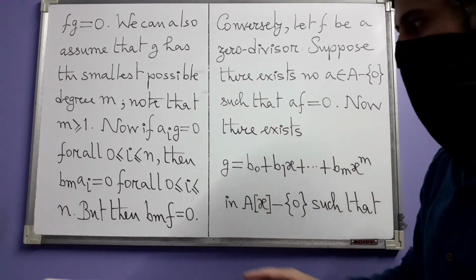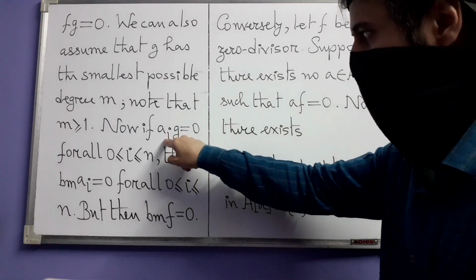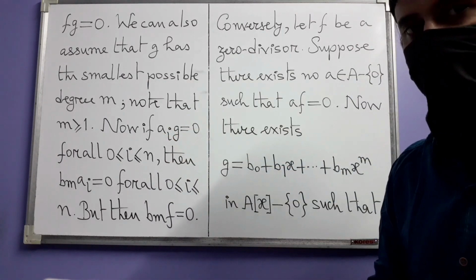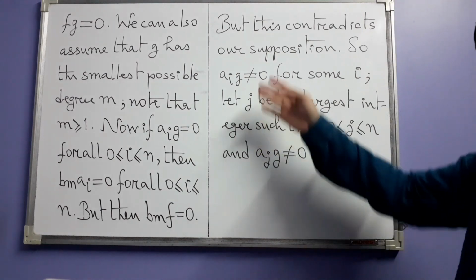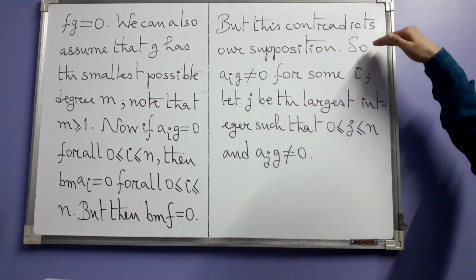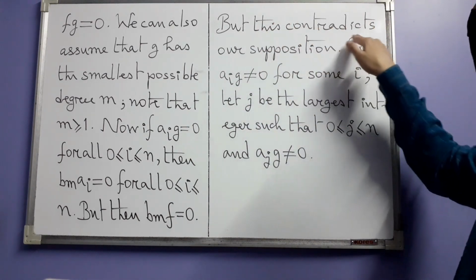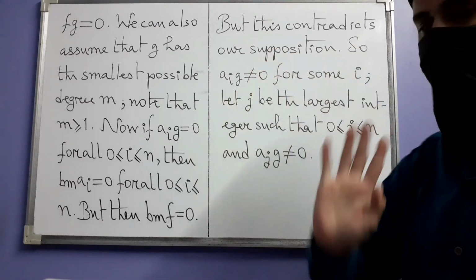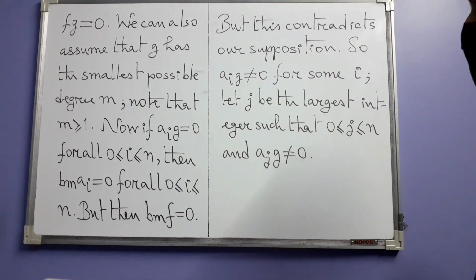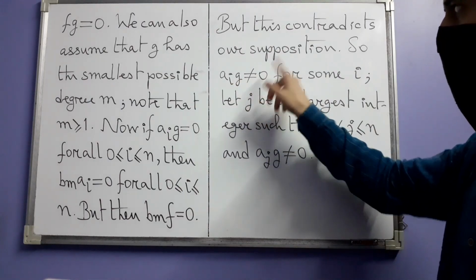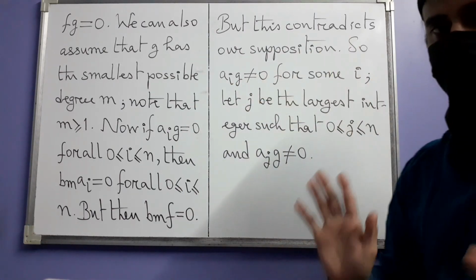That won't happen. So there has to exist at least one i for which ai g is not equal to 0. For the sake of completion, we write, but this contradicts our supposition. This thing contradicts our supposition, and that is why ai g is not equal to 0 for some i, as we said just now.